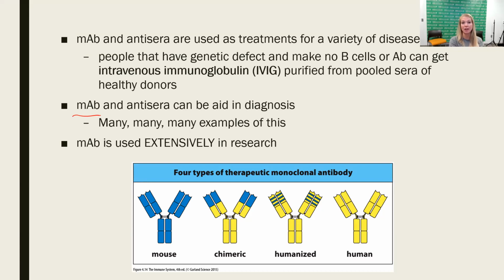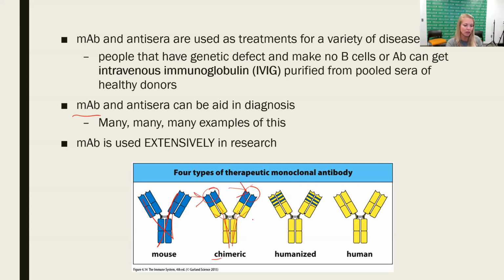And so it started out by using, nobody uses mouse antibody anymore because it causes a lot of allergies. Then it went to chimeric, where we used the mouse genetics to make the antigen specificity what we wanted, but then we used human genes to make the heavy and light chain constant regions, which was great for allergies, but we still ended up making antibodies against the mouse variable regions.